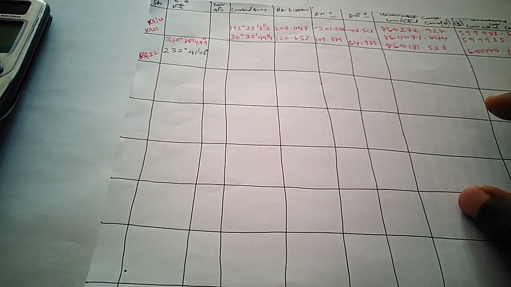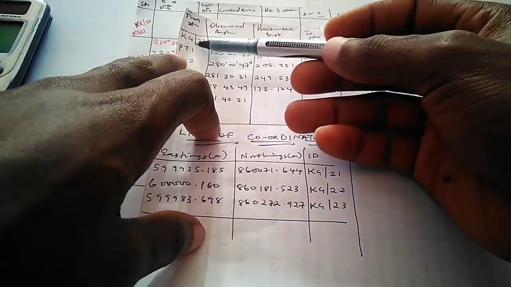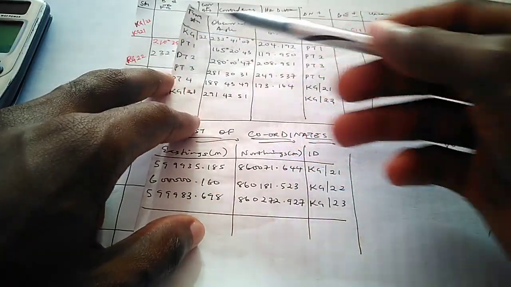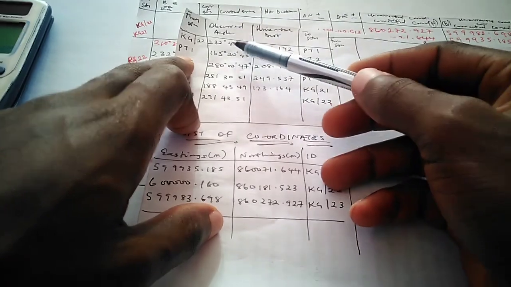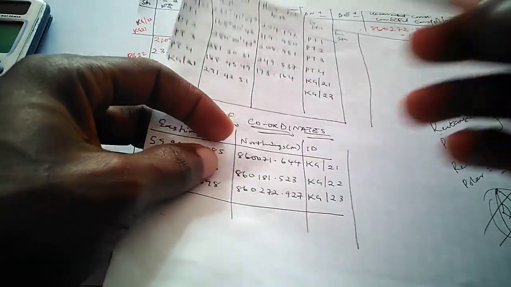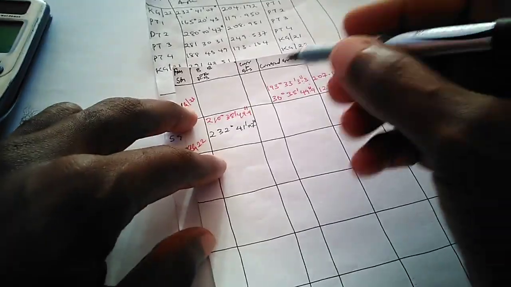Now our question still remains the same. We are still working with this particular question we started with. So the observed angle on the first station was what? 232.4107. So 232.4107, we are going to write it down. Okay, I've already written it down. Then we are going to write the observed angle for the other stations.